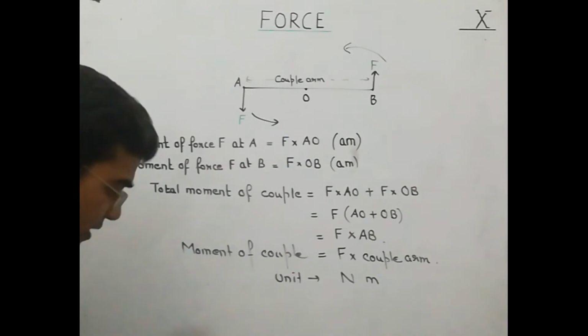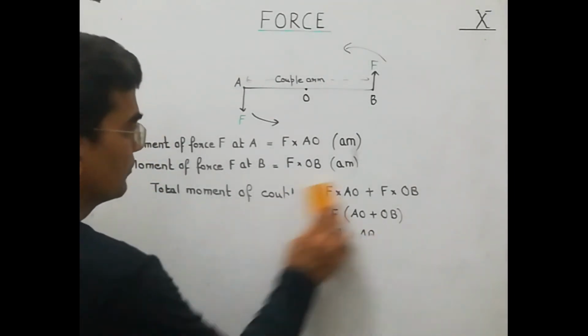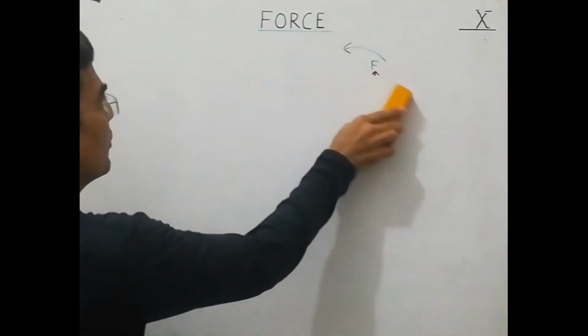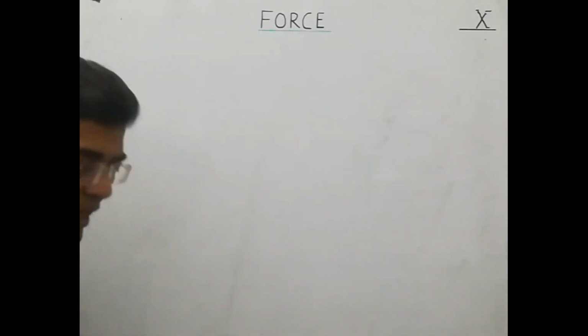Next, in the notes I have given you equilibrium of bodies. What is the equilibrium of bodies? When a number of forces act on a body and they are not able to produce any change in the state of rest of the body or any change in its state of motion, we say that the body is in equilibrium.